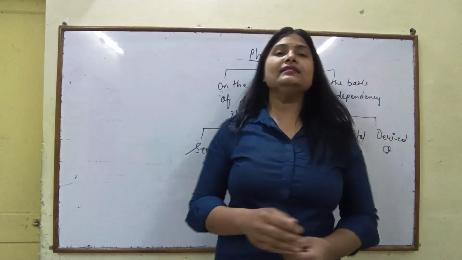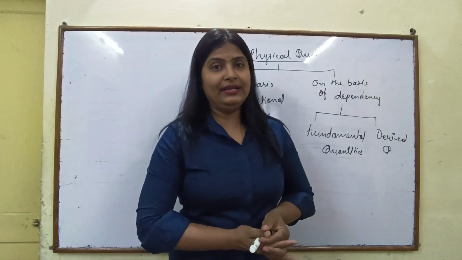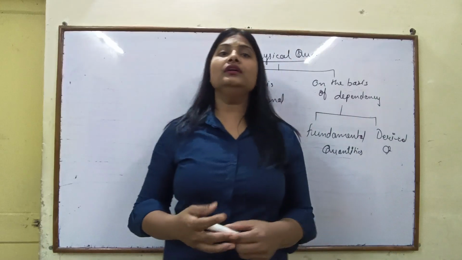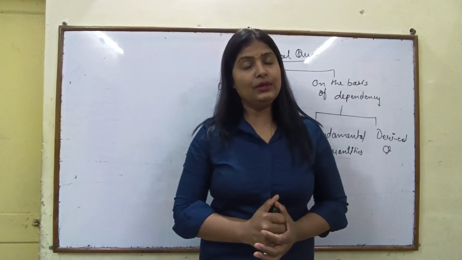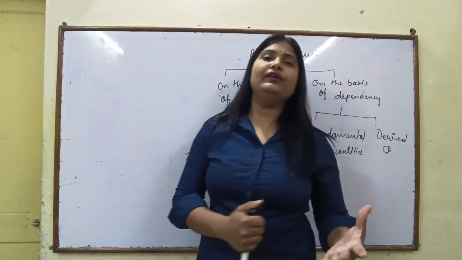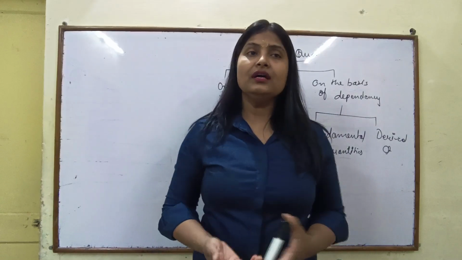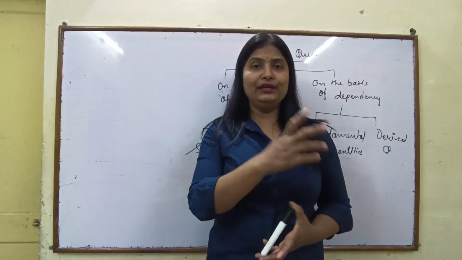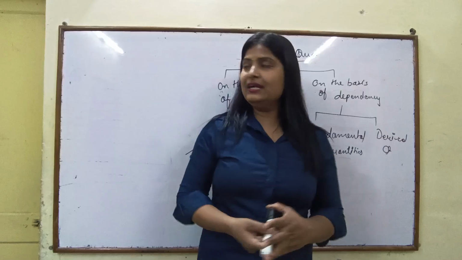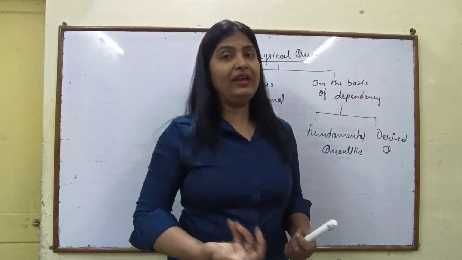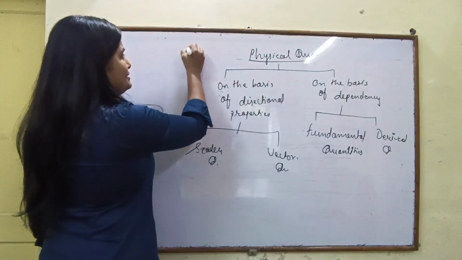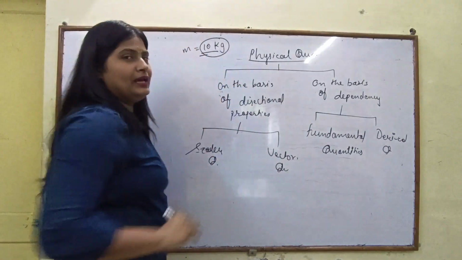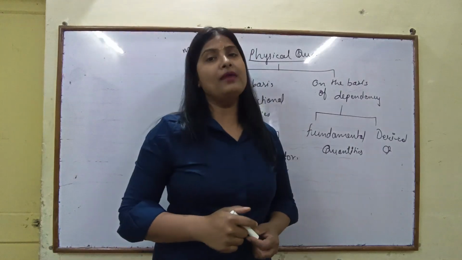So if we discuss scalar or vector quantities, firstly we need to know why we need direction to denote or define any physical quantity. There are different physical quantities like mass, temperature, time. We need only a magnitude to define them. If the mass of any body is 10 kilogram, then 10 kilogram is the magnitude of mass.